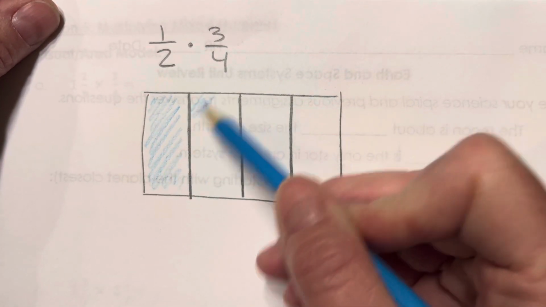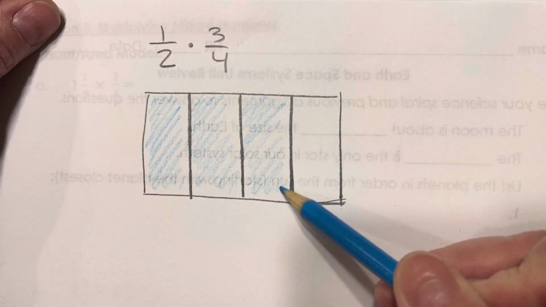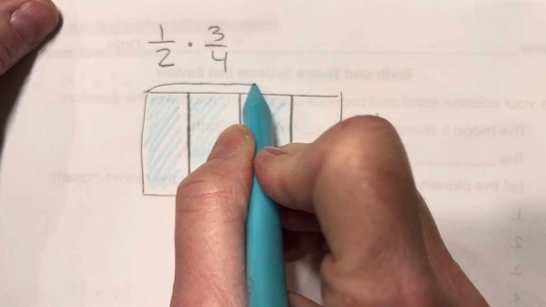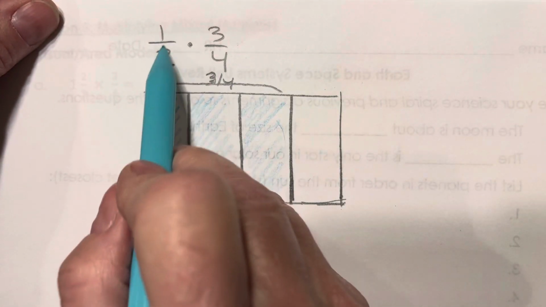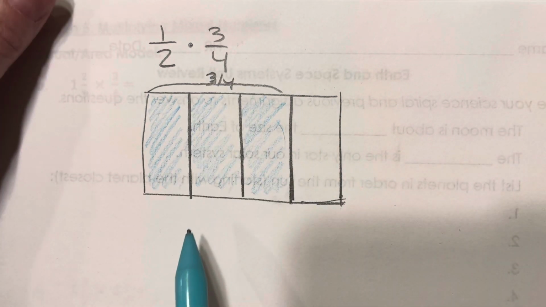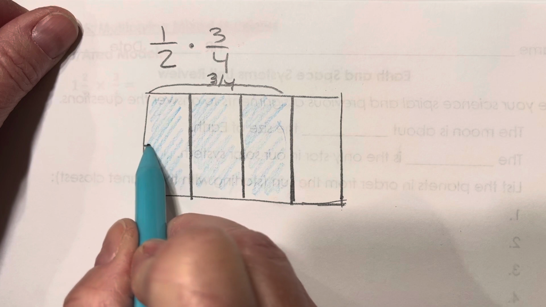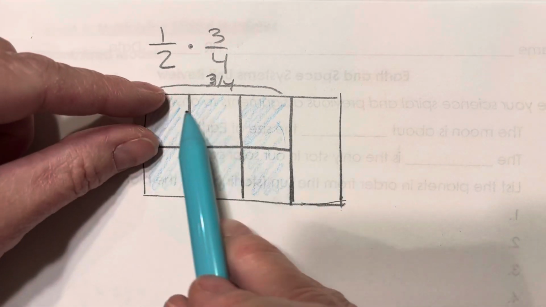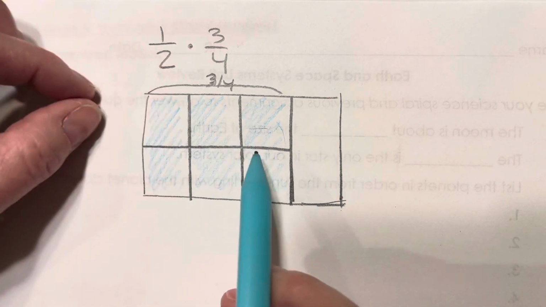I'm using one of my colors. 1, 2, 3. So right now, this part right here is 3/4. Now I want to do half of 3/4, right? So I'm going to take this 3/4, and I only want 1/2 of it. So if I want half of the 3/4, here's my 2 chunks of the 3/4.